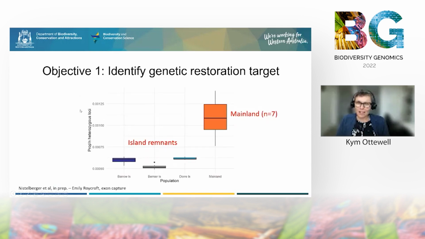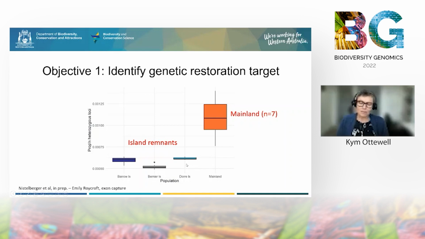Our first results indicated that the mainland population, even though this was only a sample of 7 specimens and really from quite a geographically restricted corner of southwest WA, still retains significant genetic diversity. And we can see that that genetic diversity from the mainland has been lost from these island remnant populations. These islands have been isolated from the mainland in the case of Barrow Island for about 10,000 years, and in the case of the Shark Bay Islands, Bernier and Dorre Island, for about 6,000 years.